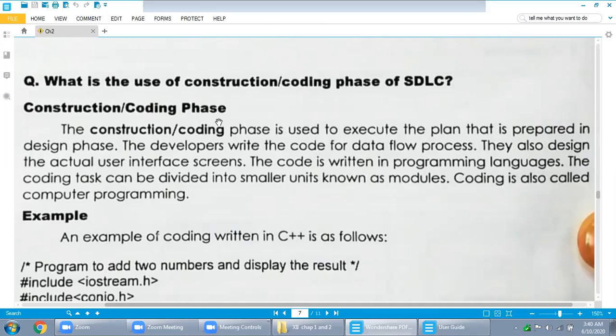They also design the actual user interface screen. When your program is complete and you install it in an organization, they will not see your code; they will see the layout, the front page.